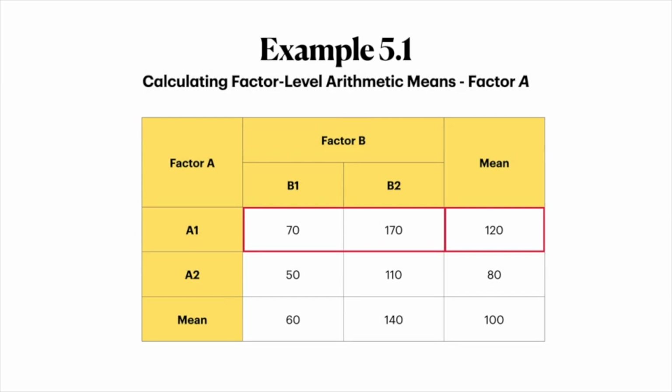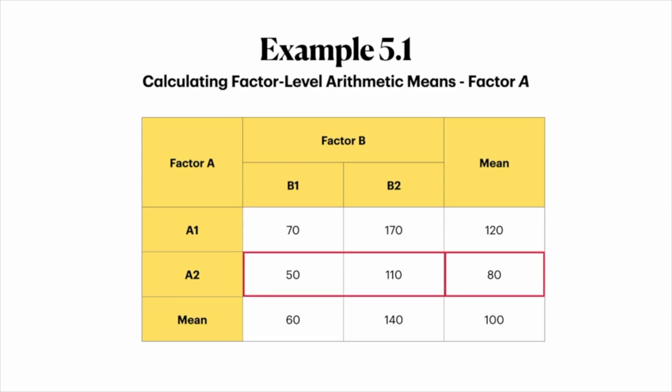Mu bar 1 dot, which is the mean for the row corresponding to A1, is 120. We're averaging the values 70 and 170. And then mu bar 2 dot is the mean of the treatment combinations in the row labeled A2, the second level of factor A. Those values are 50 and 110, and their average is 80.